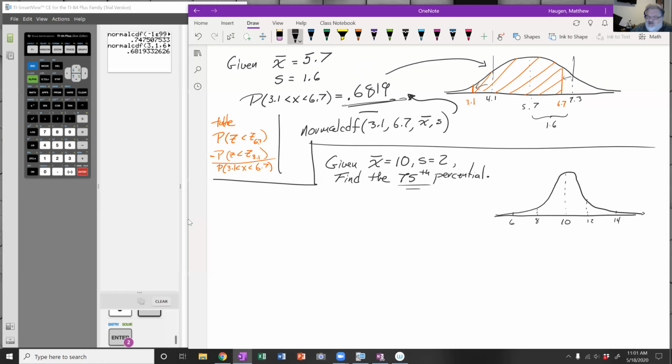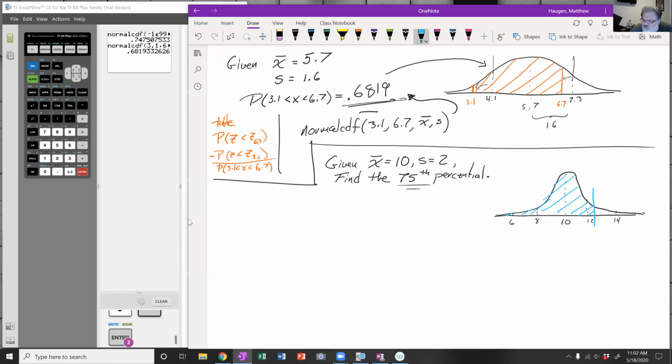The 75th percentile. We hear about percentiles fairly often. We often don't even think about it. But if you're in the 75th percentile, that means you're doing fairly well. If you're in the 90th percentile, you're up there with the good values. If you're in the 99th percentile, good or bad, you're in the big values. So 75th percentile means that 75% of the data is lower than that percentile value.